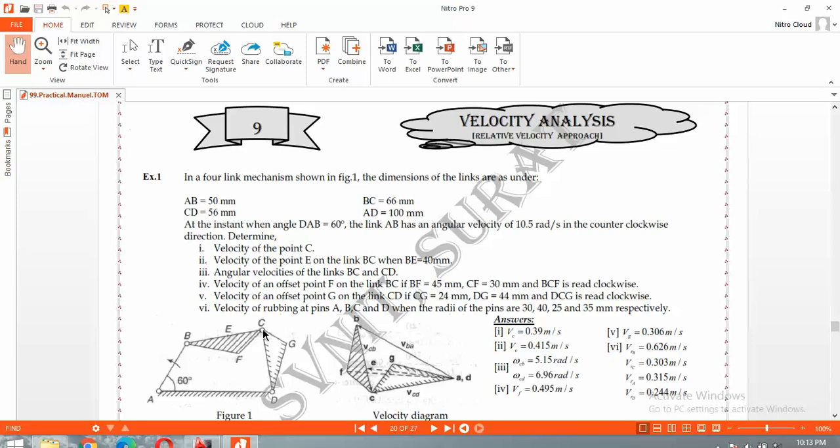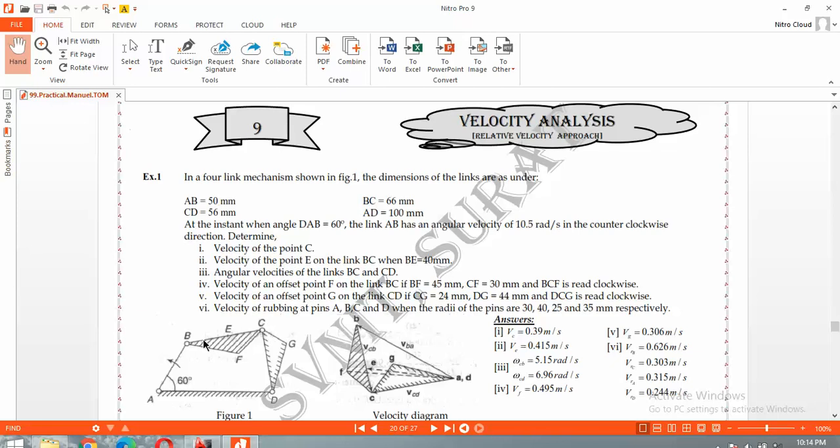So before marking point C, we have to take care of the distance from B as well as the distance from D. So how will you mark point C such that it is 66 mm away from B and 56 mm away from D? If you want to mark a point that has to fulfill two constraints, you can take the method of arcs.